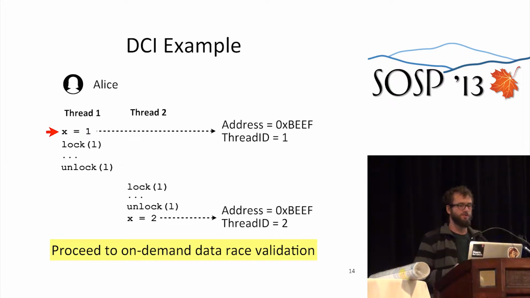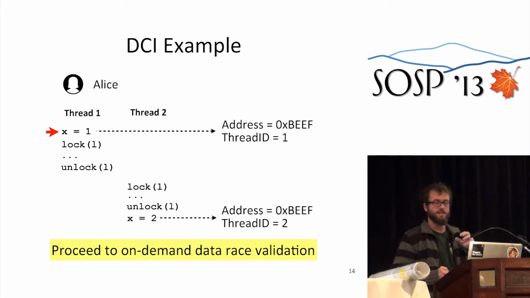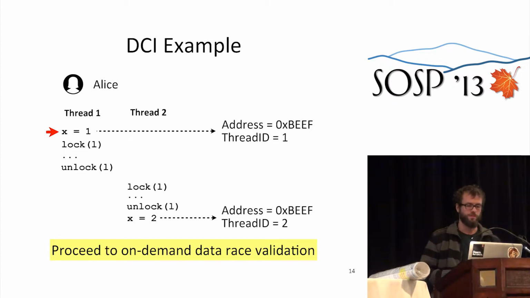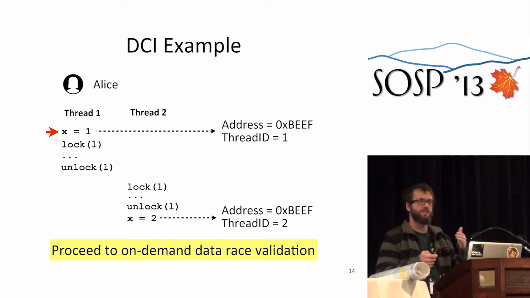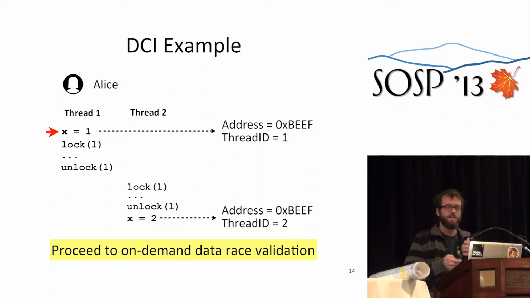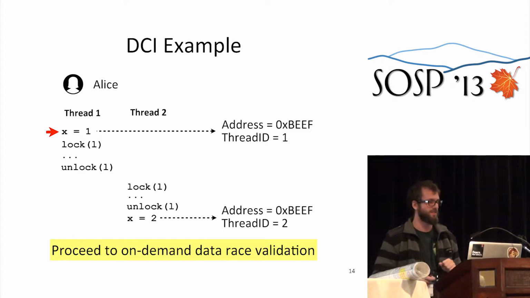Then the program continues executing, and thread 2 accesses the variable x, and at this point, RaceMob records that the access is made to the variable at address beef again, but this time from the thread with ID 2. Since the accesses of the potential data race alias at runtime, and they can be performed from different threads, DCI will let the accesses proceed to the next phase, that is on-demand data race validation.